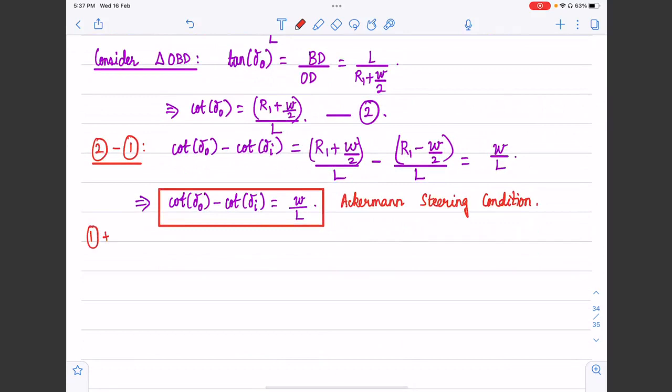Now, having derived this Ackermann steering condition, let us add equations 1 and 2. So if I add equations 1 and 2, what is going to happen?